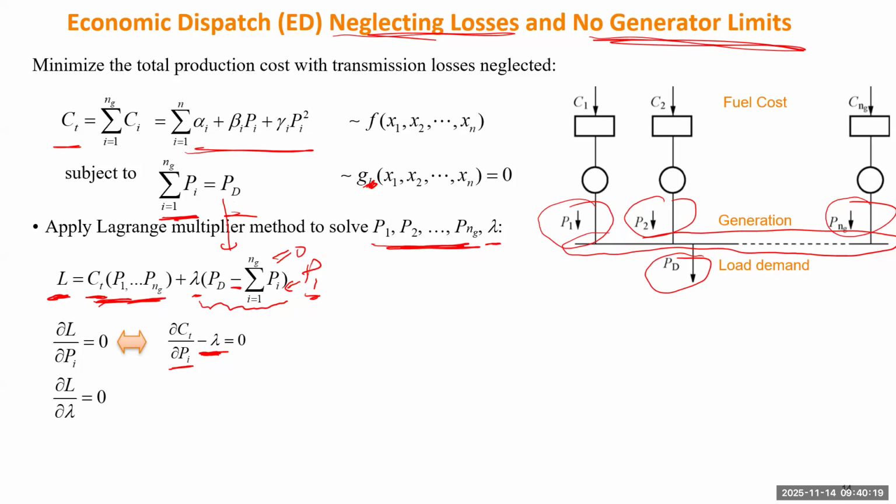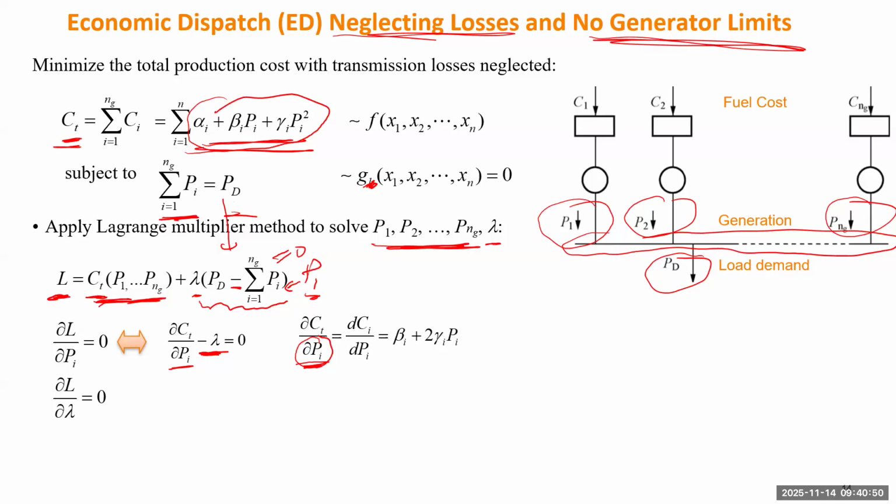Is this clear? Good. And second, to calculate the partial C by partial Pi, because the total cost is actually the summation of the cost of each individual power plant, if we calculate the partial derivative with respect to only power plant number 1, we only need to pick that cost function for power plant number 1.